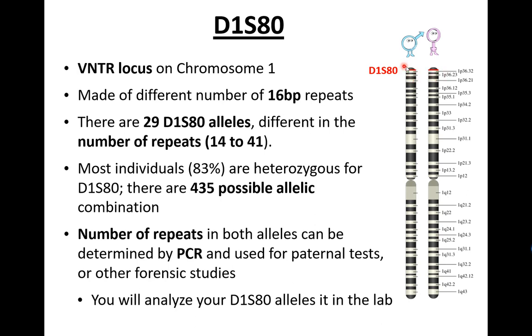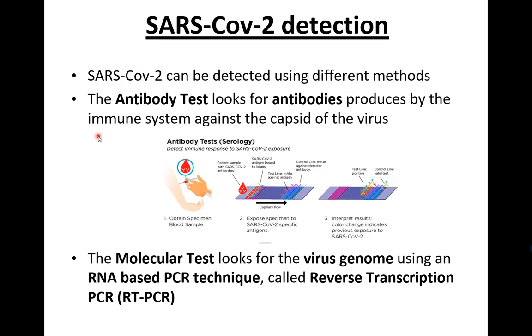Now, if you do PCR with primers designed to sit right beside this, you can actually amplify these sequences, and the size of what you amplify will be proportional ultimately to the number of repeats present in your alleles. I'll stop here and you'll discuss the rest in the lab.